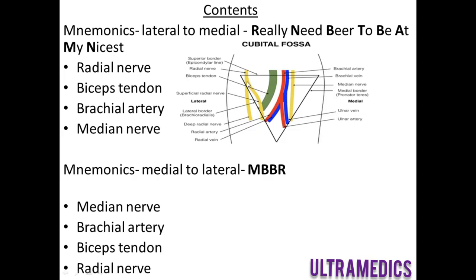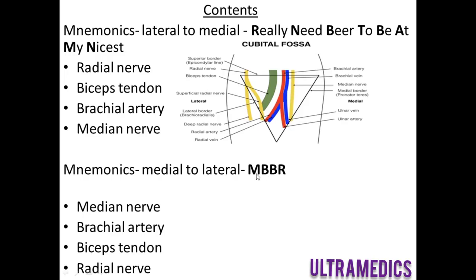You can see it here. This here is the radial nerve, this here is the brachial artery, and this here is the median nerve. This here is the biceps tendon. So from lateral to medial, we have our radial nerve, biceps tendon, brachial artery, and median nerve.